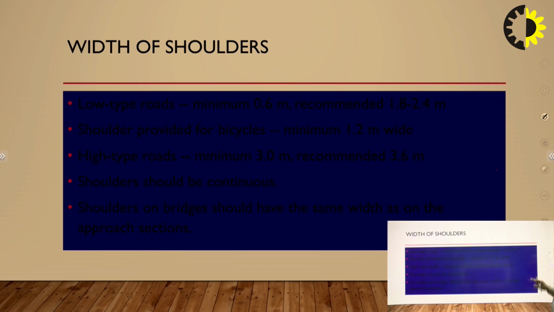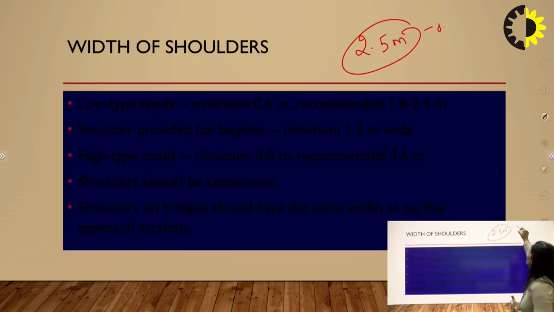Now, width of shoulder. Here, width of shoulder again. I just told you this, that IRC suggests a minimum width of 2.5 meter. Okay, this is minimum width. But it may vary depending upon high type roads or low type roads.